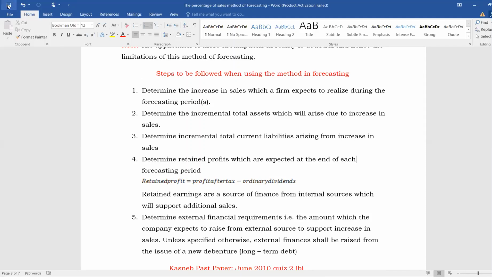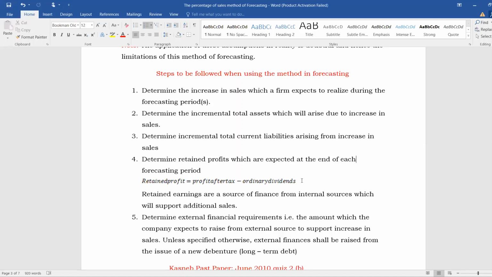Now, I've already said this method is based on the belief that existing reserves are not available to support the increase in sales, which is not realistic. So we need to find the forecasted retained earnings at the end of each forecasting period.